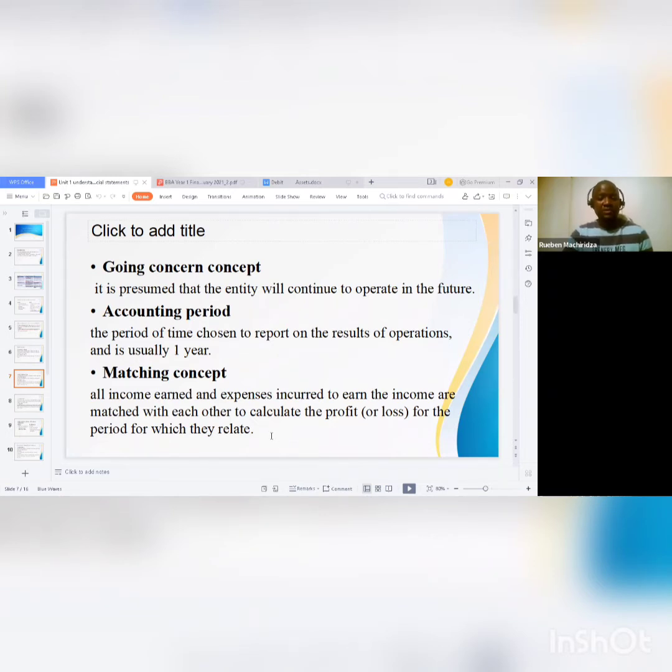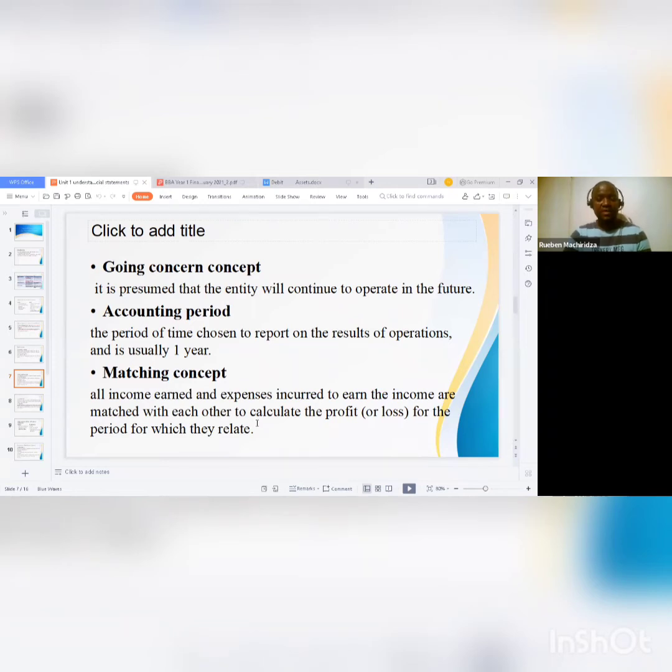And then the next concept is the matching concept. This says that all income earned and expenses incurred to earn the income are matched with each other to calculate the profit for the period which they relate. So let's say we have got an accounting period from 1 January to 31 December.